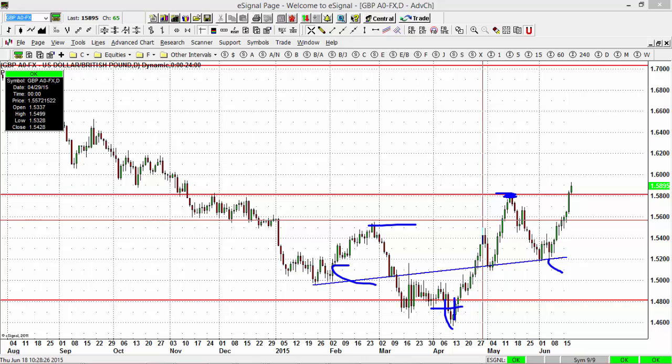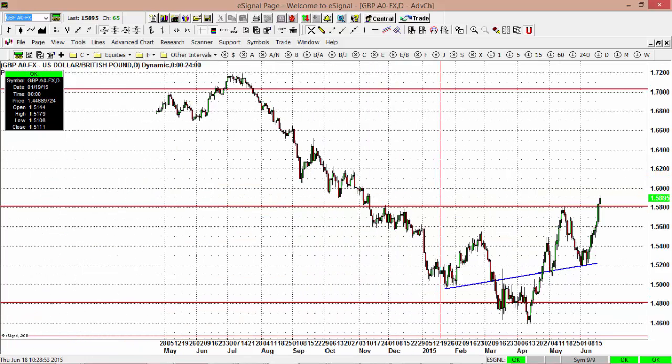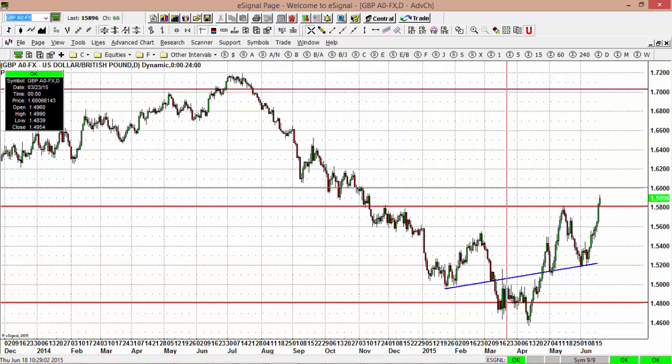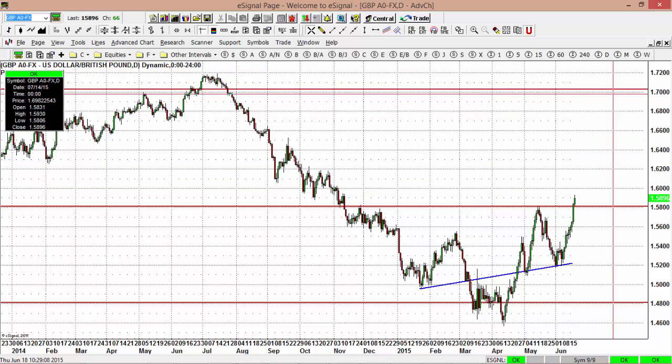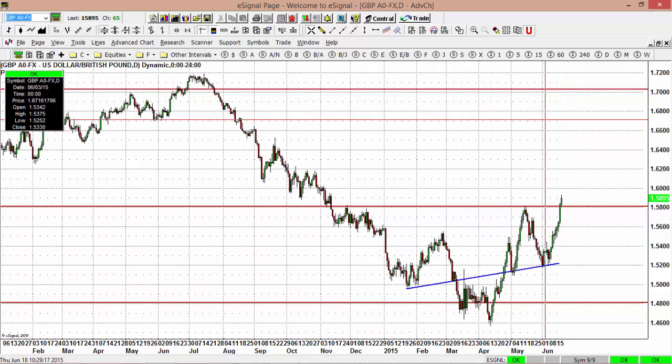So we want to continue to watch the British pound. We are up over 250 pips on this trade alone, depending on when exactly you entered. But the average price was probably in the 154 region, and we're up nicely with this pair.